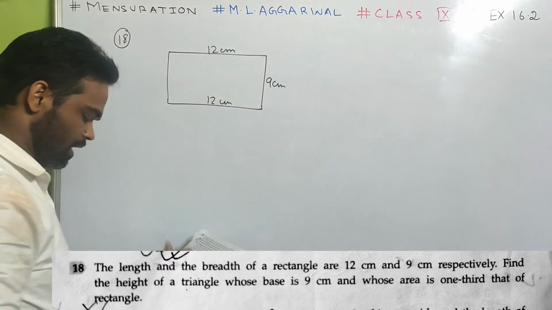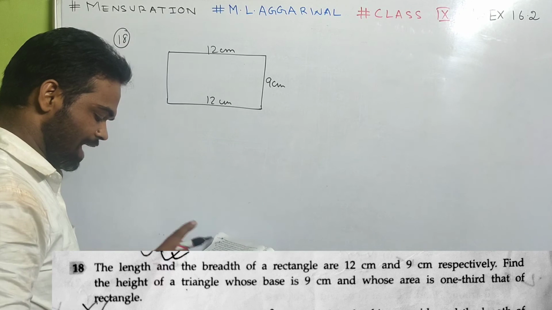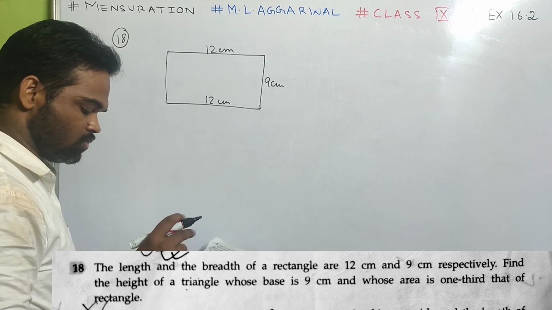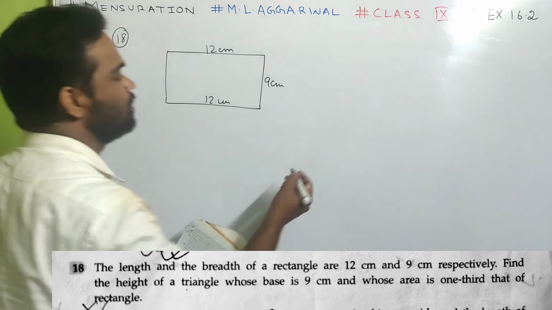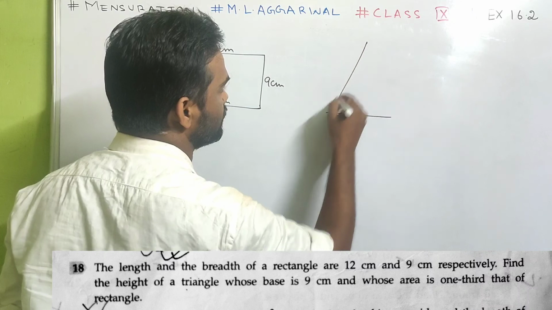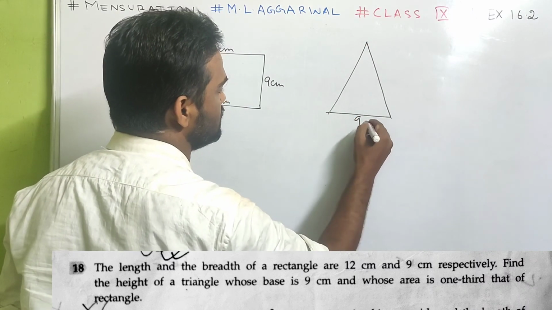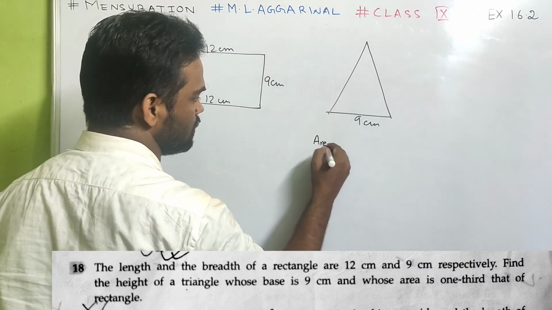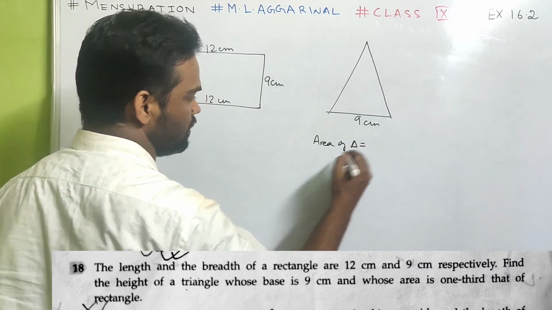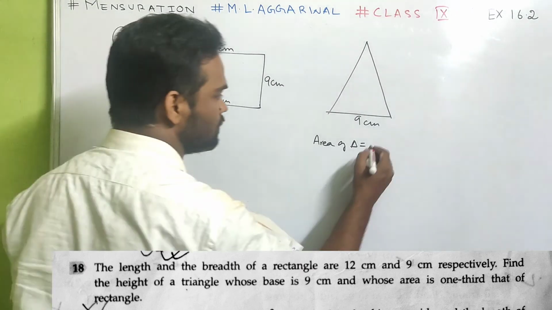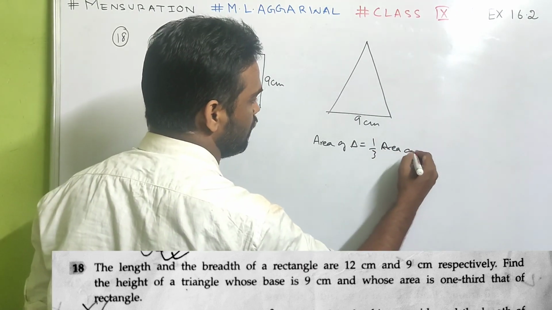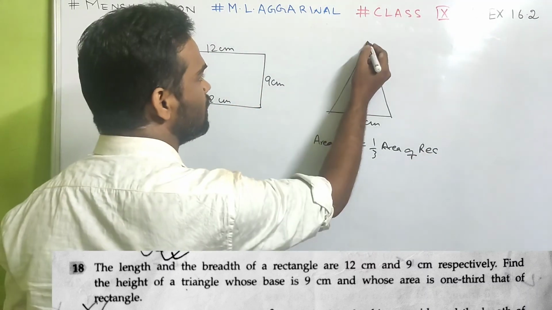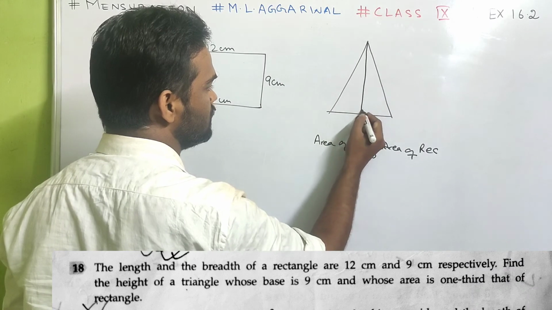Now, find the height of a triangle whose base is 9 cm, and whose area is 1/3 the area of the rectangle. This is given to us. You need to find the height, isn't it?